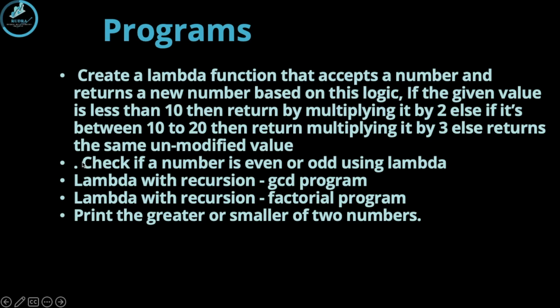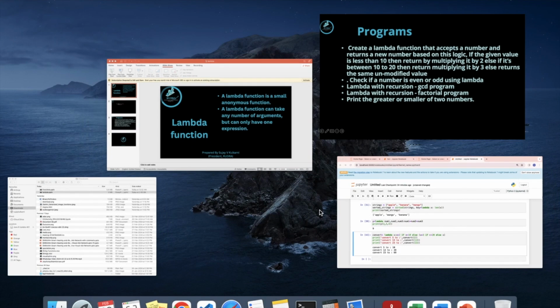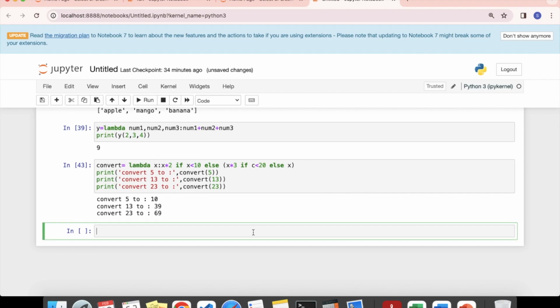Second program is check if a number is even or odd using lambda. Let us execute that. I will say check equal to lambda num.